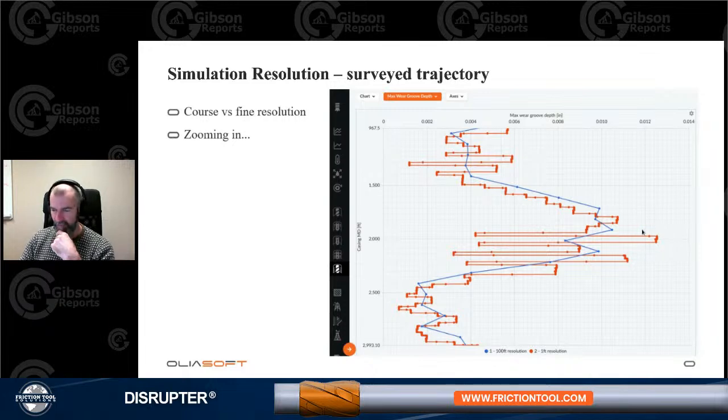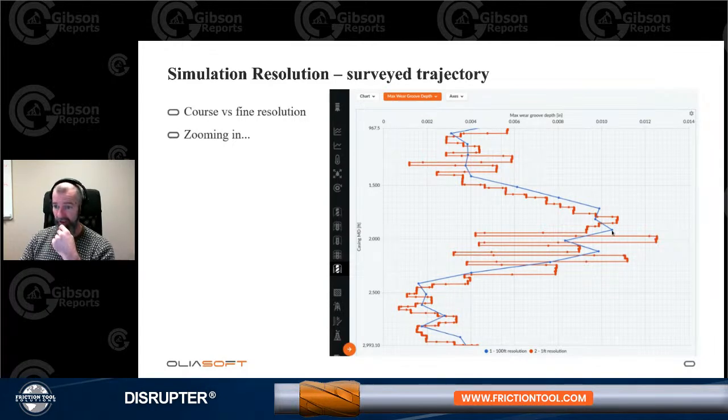This is an important factor to take into consideration when you do this type of analysis. Most analysis, especially wear analysis, goes a lot faster if you do it with coarser resolution, but what you get out might actually not be the truth.